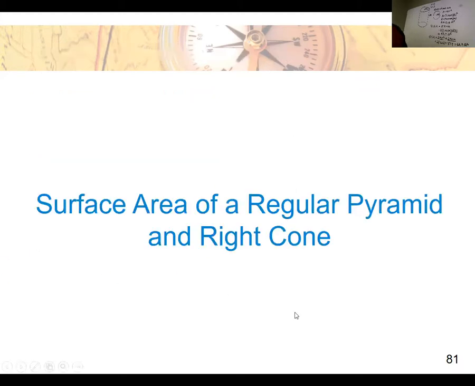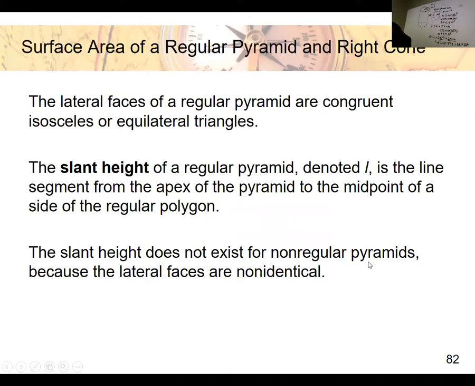Okay, here we go. All right, here we're going to talk about surface area of a regular pyramid and a right cone. Now, the lateral faces of a regular pyramid are congruent isosceles or equilateral triangles. Isosceles means that 2 of the sides are equal.